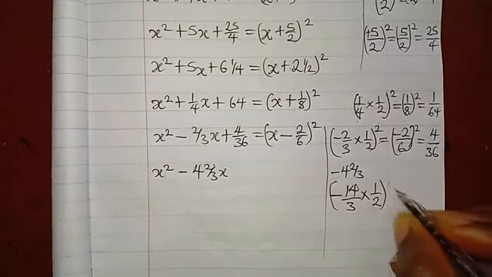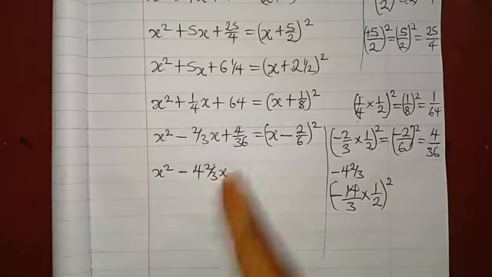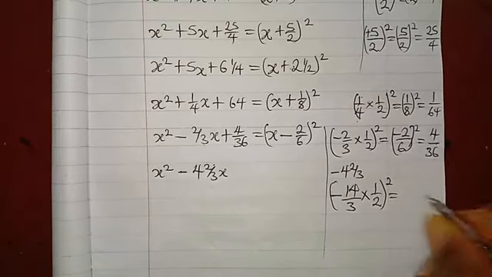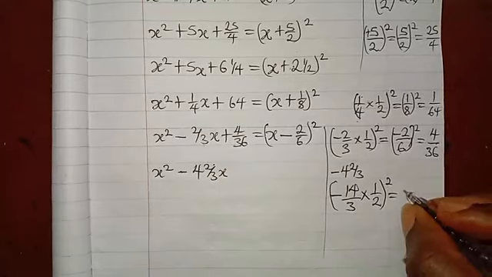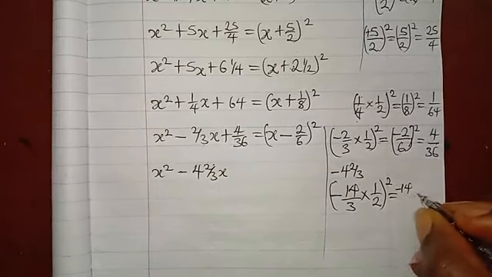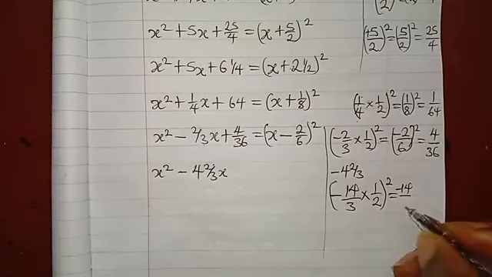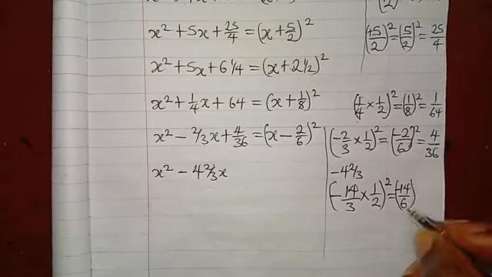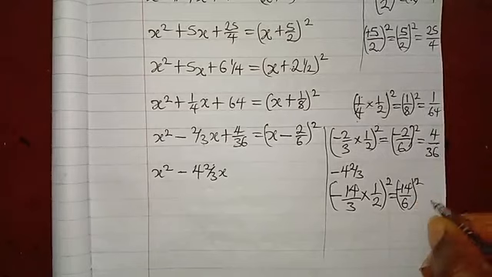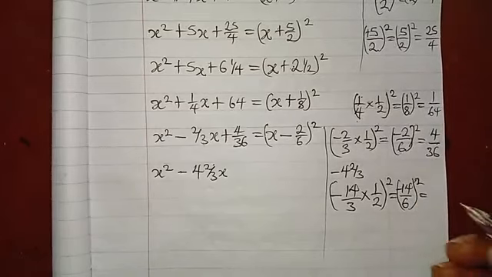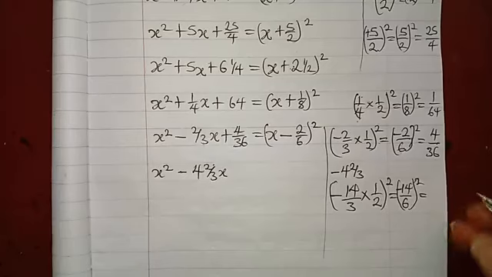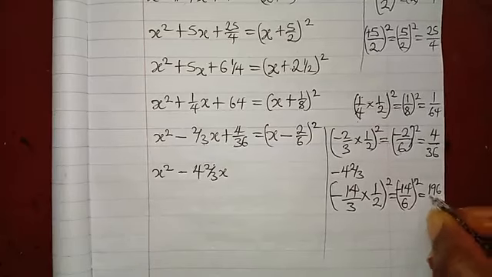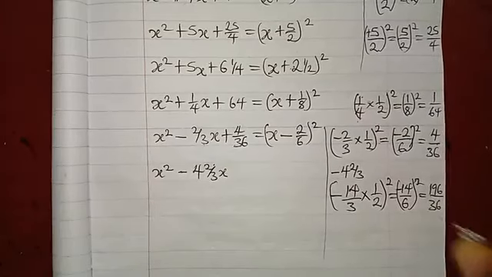When we have it, we are going to square it, so as to add it to this. So the half of this: 14 times 1 is 14. Remember, it's minus 14. 3 times 2 is 6. So this is what we are going to be squaring. When we square that, 14 squared is 196 and 6 squared is 36.